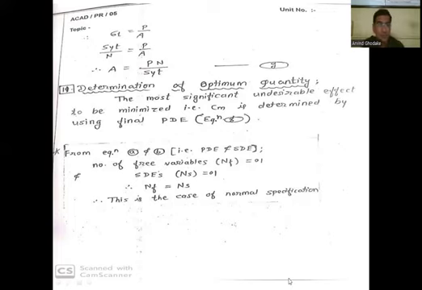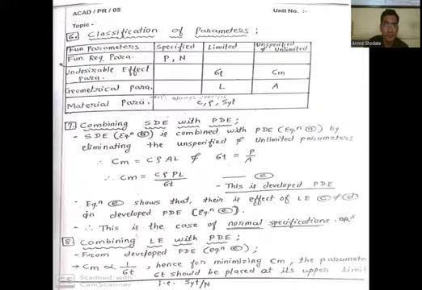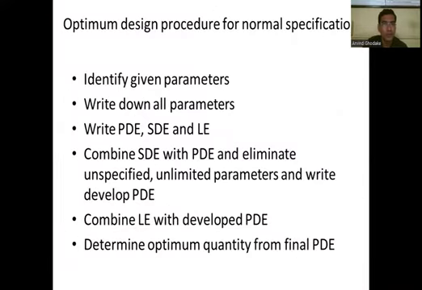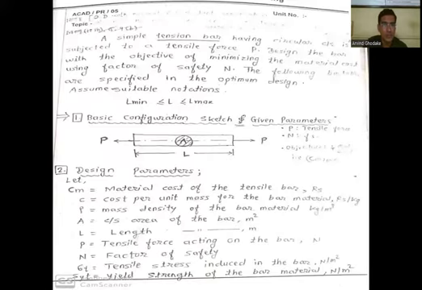Therefore, NF is equal to NS. This is the case of normal specification. So in this way, we can solve the problem on normal specification by minimizing the cost of the material with the following limitations specified in the optimum design.